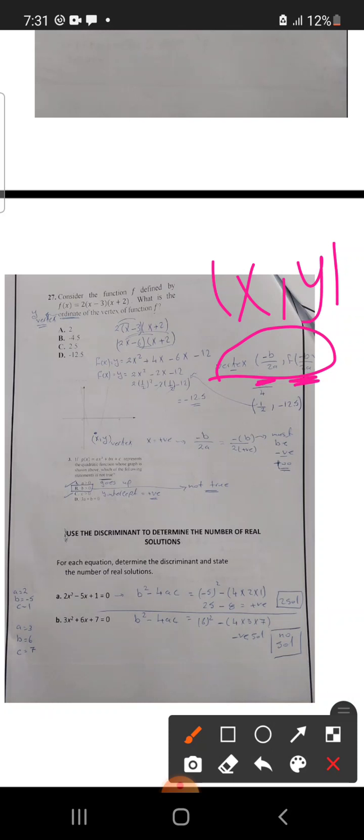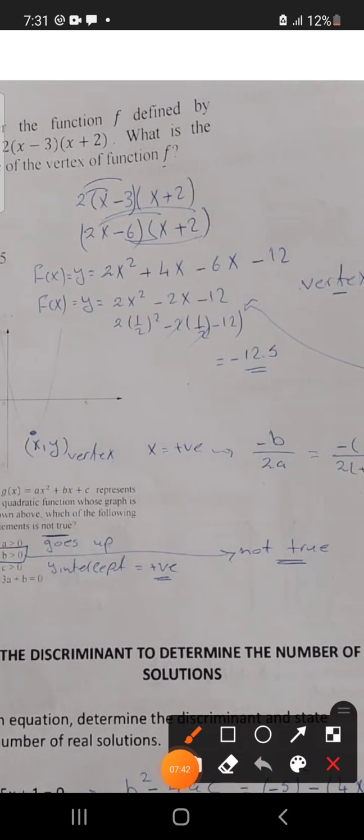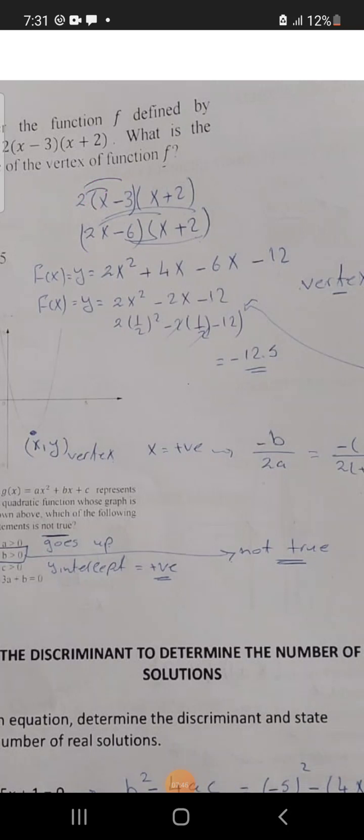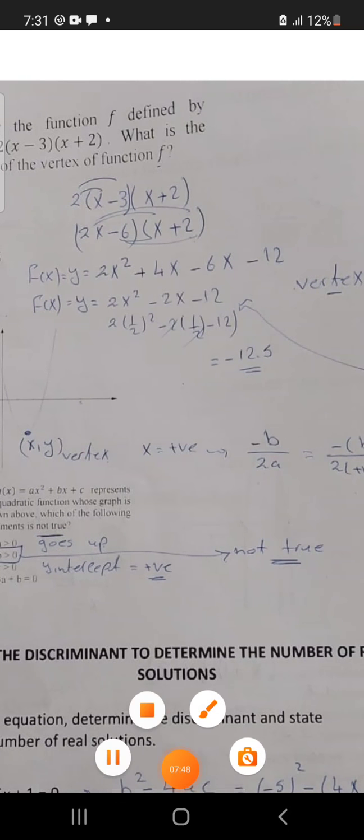Okay. Can we solve, as I have this equation, or should you have the standard form? So what you will do, you will expand the brackets and multiply. Here you get 2 times x, 2x, 2 times -3, -6. Then you will get this bracket multiplied by this bracket.